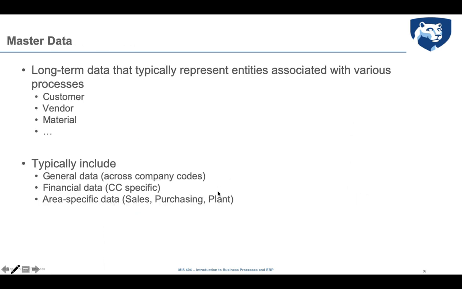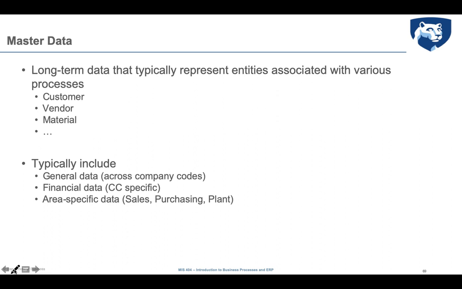The second type of data is called master data. Master data are long-term data which are associated with the entities that participate in business processes. For example, customer, vendor, material, as you can see here. So they are all the entities that participate in the business process and for which SAP needs to maintain some information.